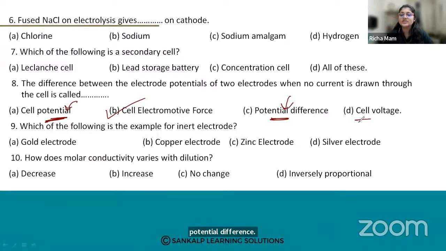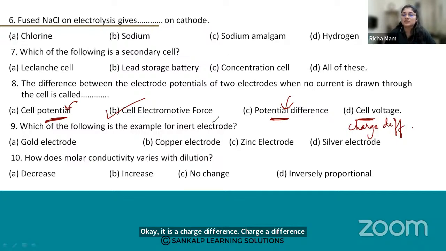What do you mean by cell voltage? Cell voltage is nothing but the charge difference between the two electrodes. What is happening in cell voltage? The electrons are pulled from anode to cathode in an electrochemical cell. So the answer is cell electromotive force.